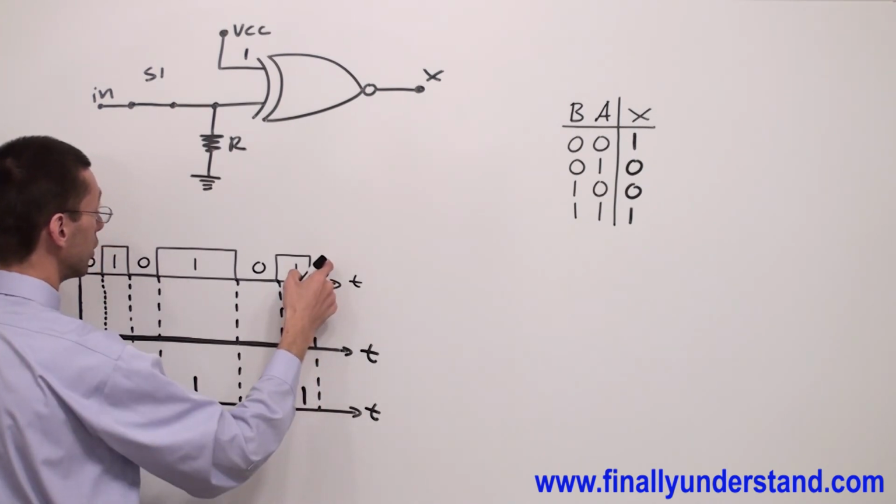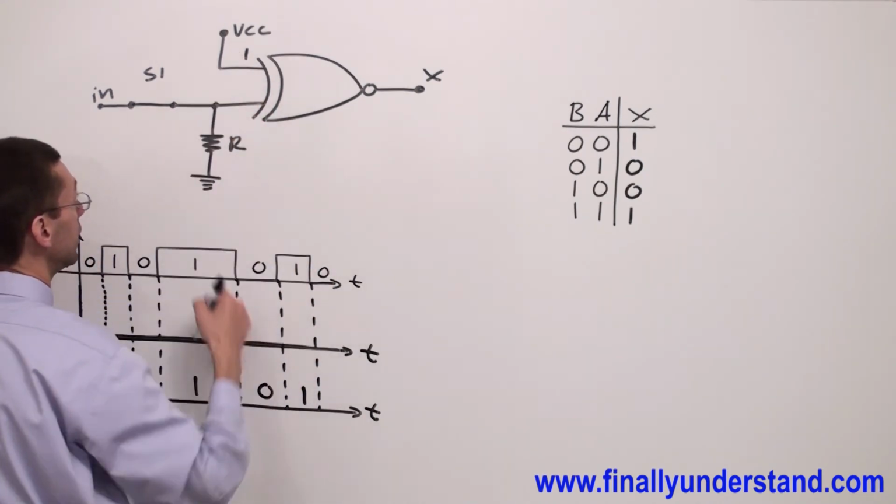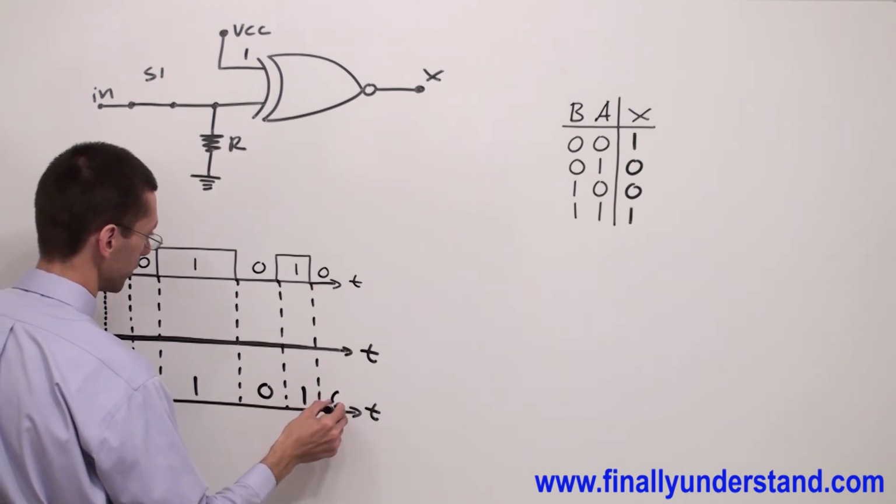And I have 0 exclusive NOR 1 gives me 0.